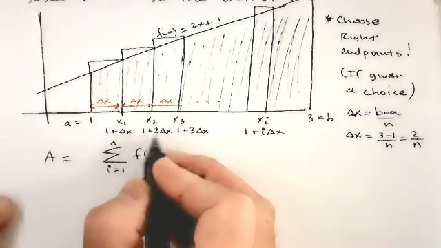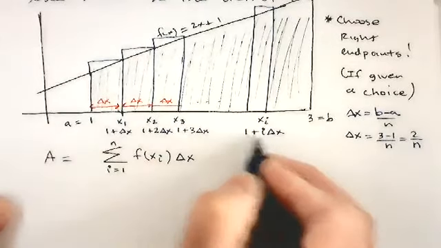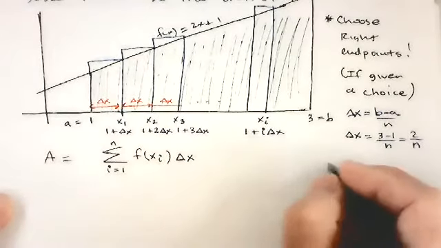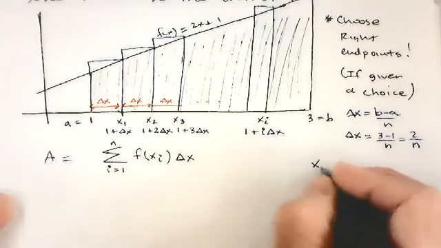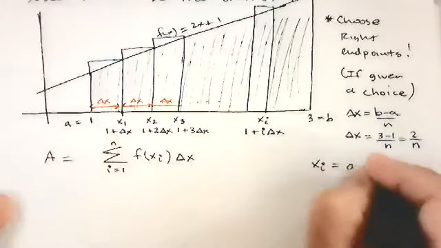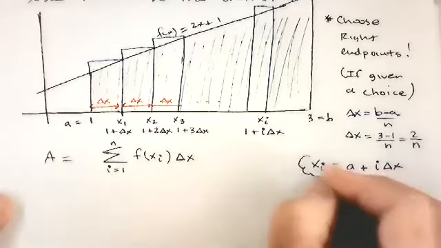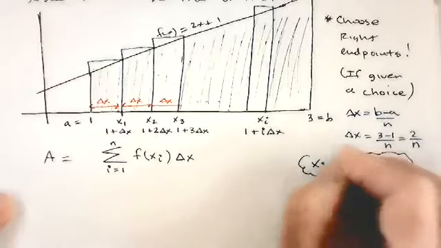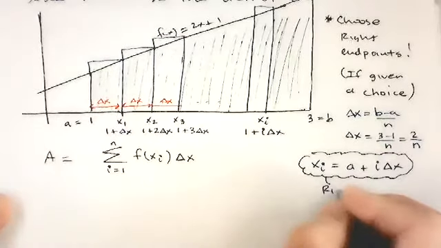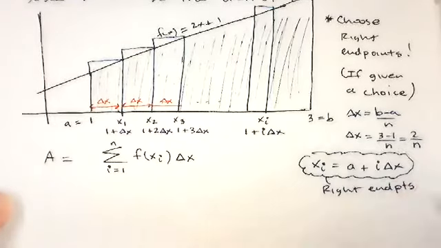X sub 2 is 1 plus 2 delta x. X sub 3 is 1 plus 3 delta x. X sub i is 1 plus i delta x. And your general formula for x sub i is always going to be a plus i times delta x. This is bubble worthy here. This is only for right endpoints, but I told you that's going to be the best one to do anyhow.